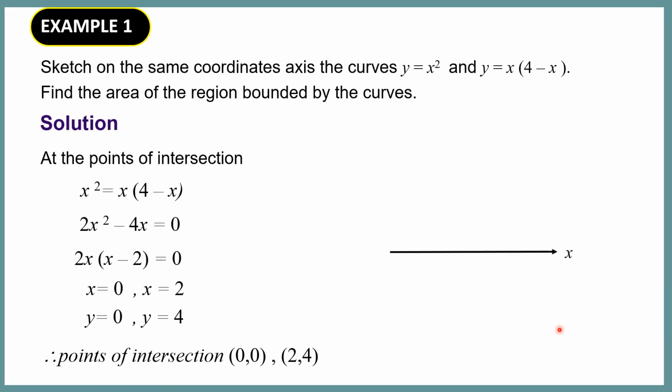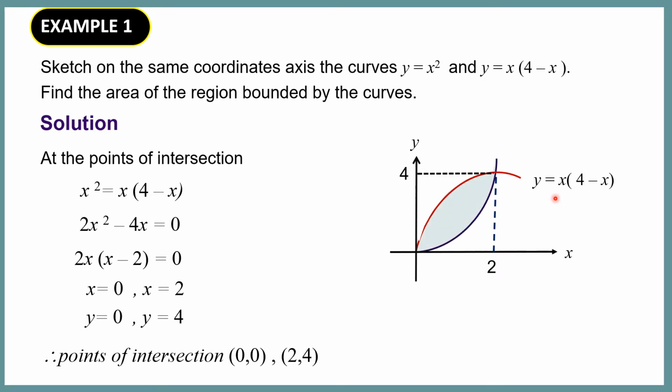So sketching the x-axis, the y-axis, the curve y equal x multiplied by 4 minus x with the maximum point 2, 4. Sketching the curve y equal x squared with the minimum point 0, 0. Thus, the area of the region bounded by the curves is given by the shaded region.